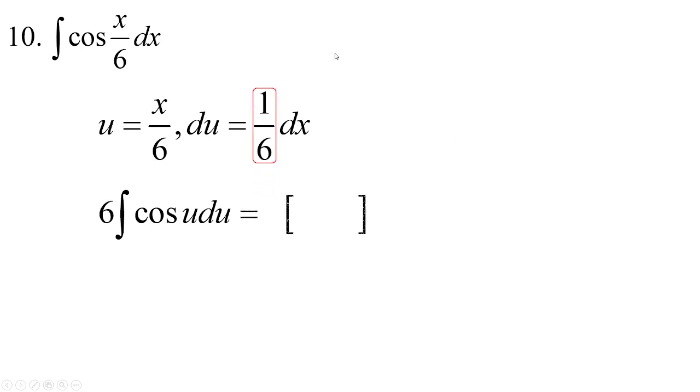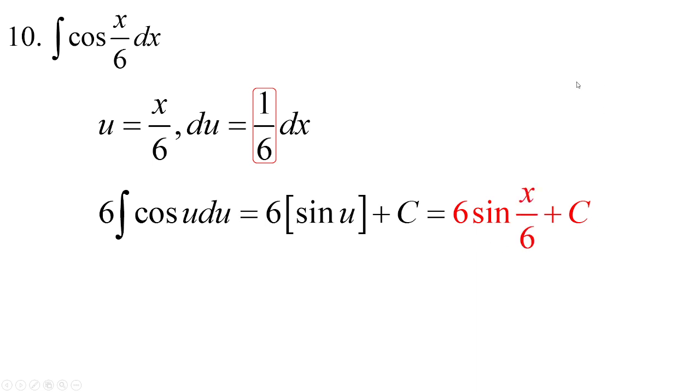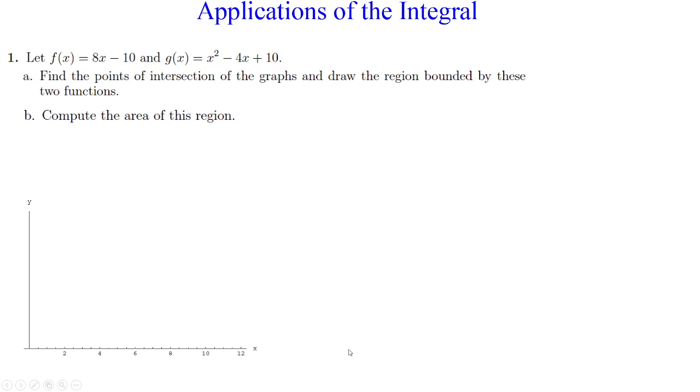There it is right there. Now let's keep going. So I've got 6 times, and what is the antiderivative of cosine? Isn't that a sine? Sine of u. And then I got a plus c here. So let's finish this. 6 sine of what was u? X over 6 plus c. Okay, number 11.